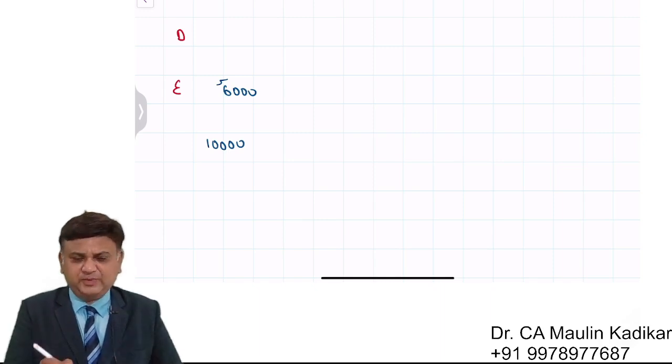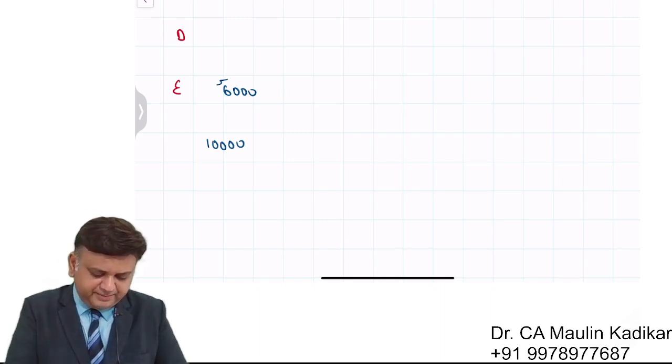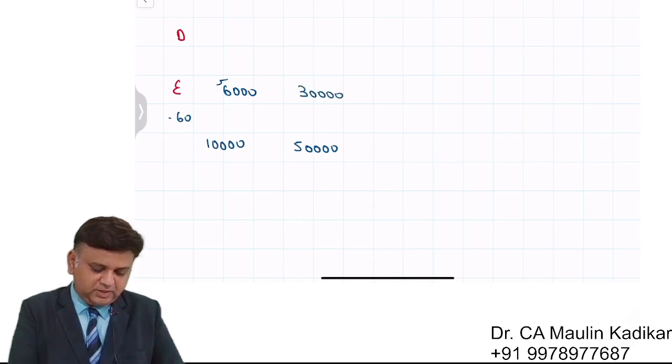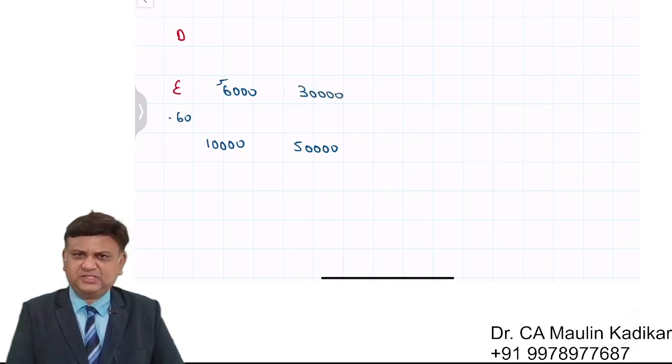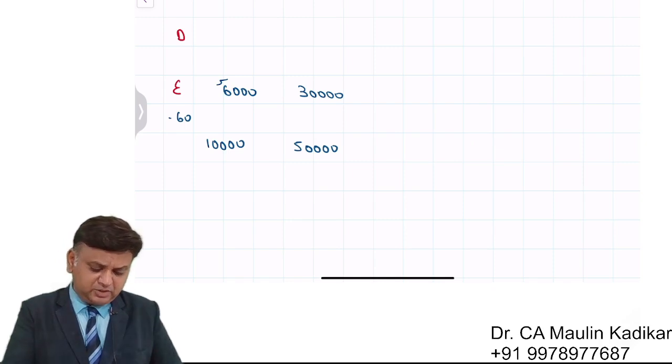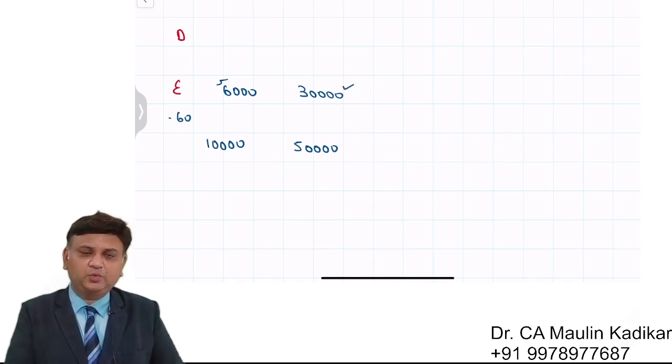Suppose we want to make capital investment of 50,000. Again 60% of 50,000 comes to 30,000. 30,000 is within 60,000. So again no new issue is required to be made.